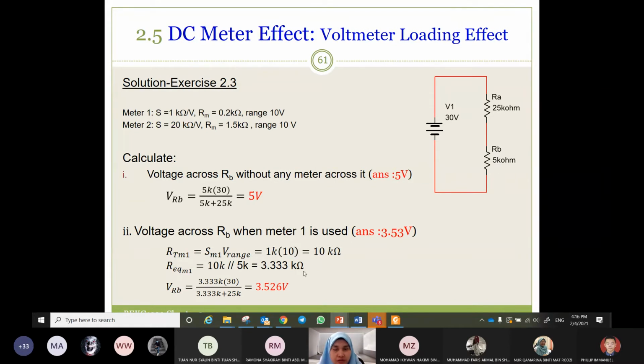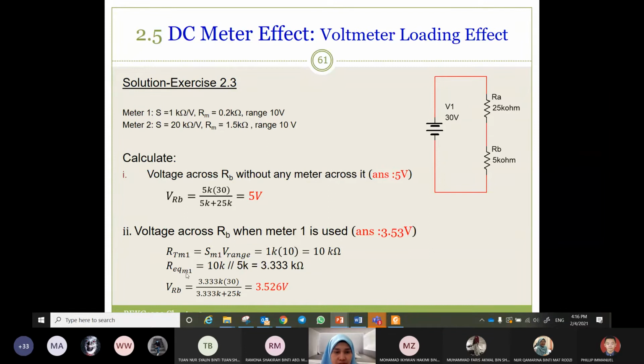How to find R? We have the sensitivity. R total is equal to S multiplied with V range, S is equal to 1K multiplied with 10, we get 10K ohm.